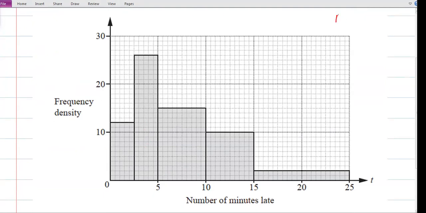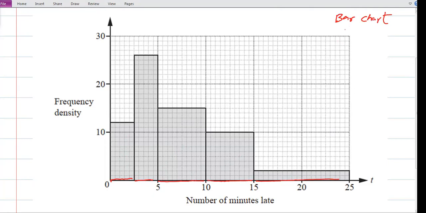In bar charts, all the bars will be of the same width. But in a histogram, you can see the width of this bar is this one, the width of this bar is this one, and this bar has larger width. This has even larger width.